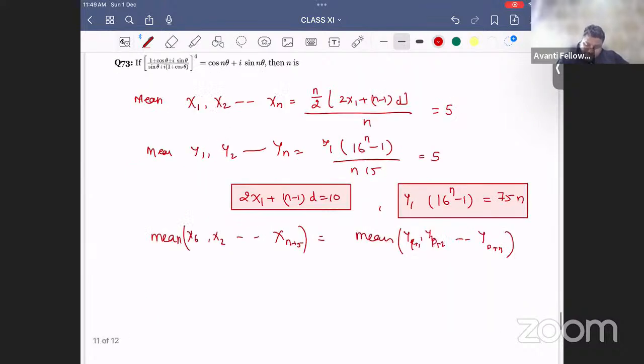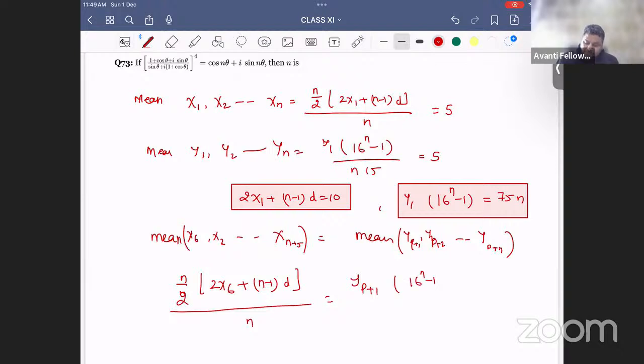So what is the mean here? n by 2, total n terms, (2x6 plus (n minus 1) into d) divided by n is equal to yp plus 1 into (16 to the power n minus 1) upon 15, along with an n here. Correct? This n cancels, this n is not cancelled.